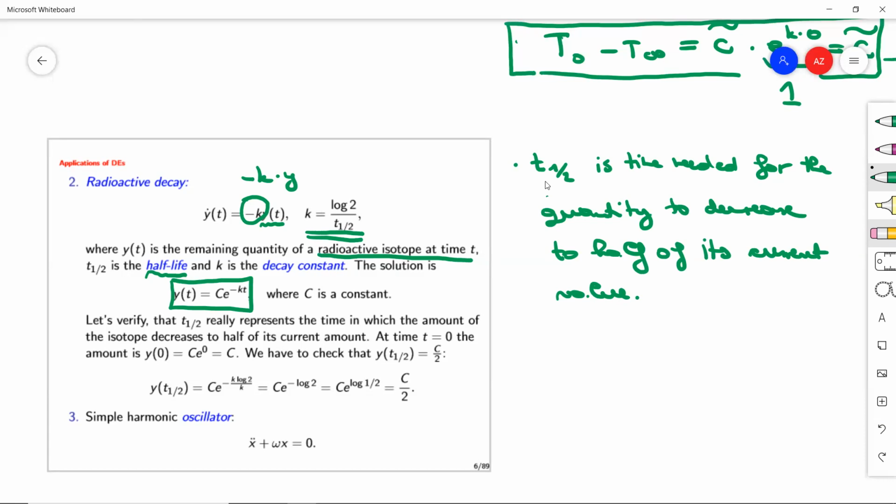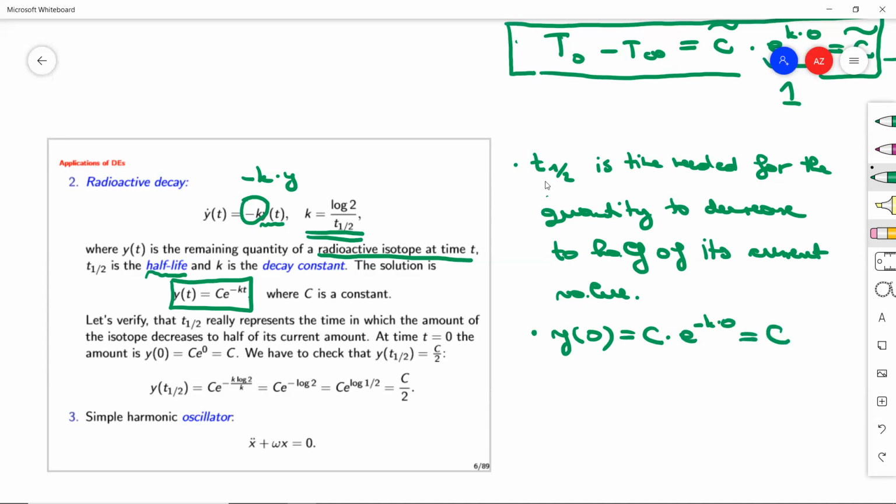And let's see that the half-life really has a proper meaning. So what we have to check is, let's say that at time 0, so y0, we can compute from this solution that y0 is c times e to the power of minus k times 0. So it is c.